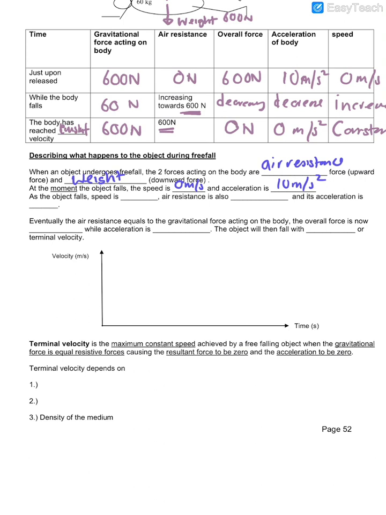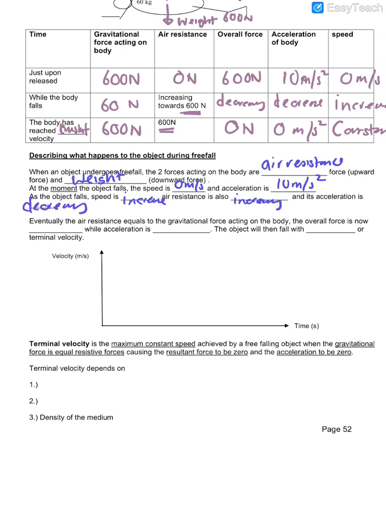As the object falls, the speed is increasing, air resistance is also increasing, and the acceleration is decreasing, approaching 0.